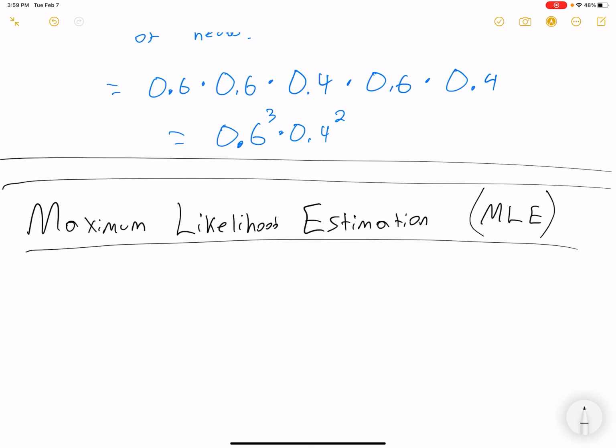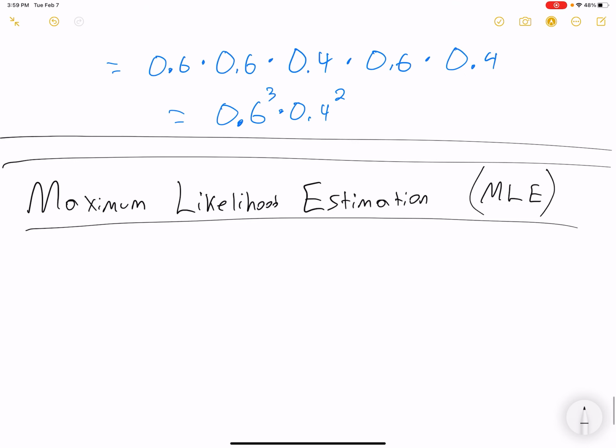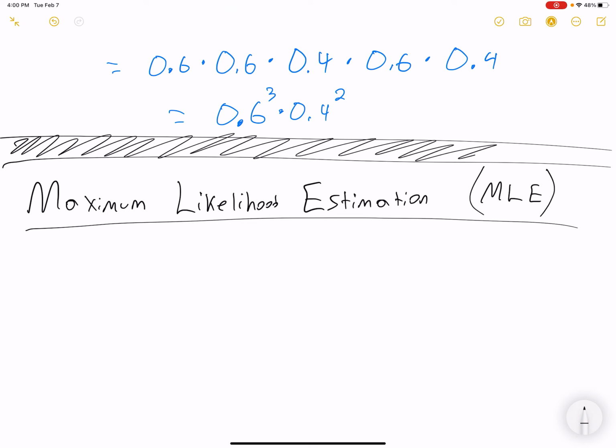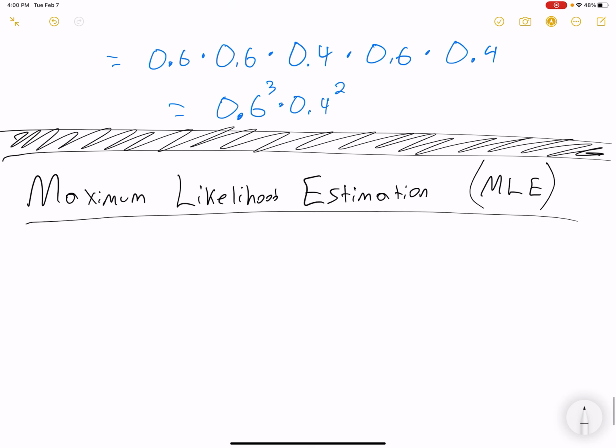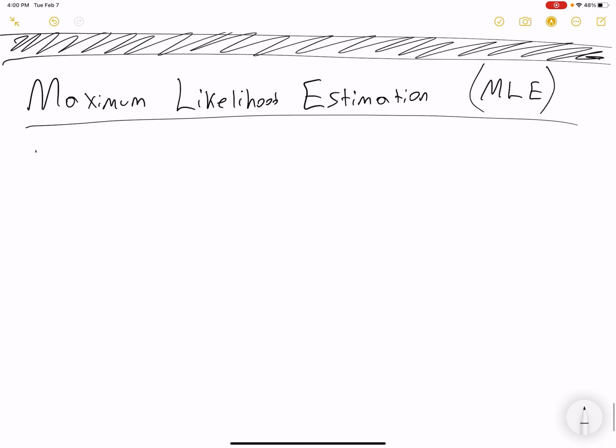Maybe I should signify it's a new section. Maximum likelihood estimation is building up on a concept of likelihood, which is probably new. I don't know if likelihood is really covered in intro probability and stats, but likelihood's actually pretty intuitive. So let's just cover that.